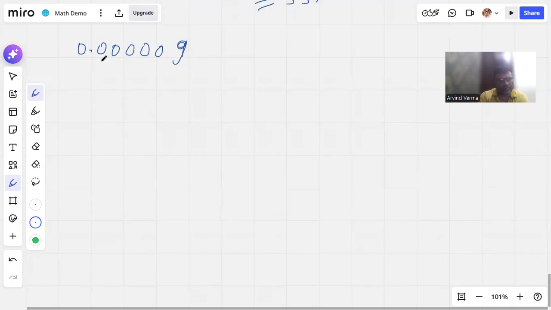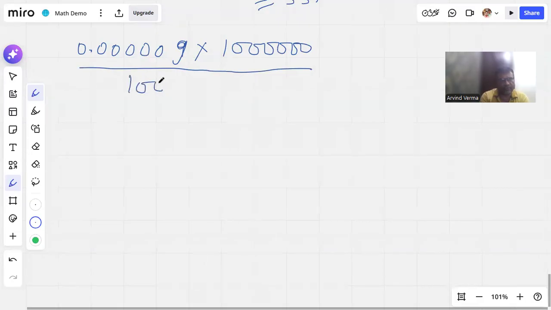We will count the number of zeros till 9: 1, 2, 3, 4, 5, 6. So multiply by 1 followed by 6 zeros, and divide by 1 followed by 6 zeros.